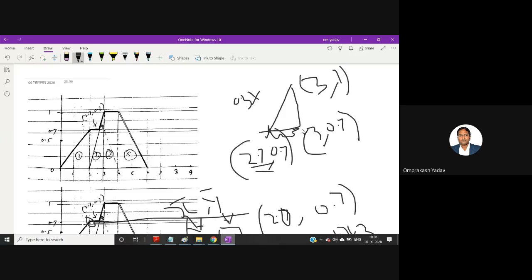Into what is the height? This triangle's height is 1 minus 0.7, because this point is 0.7. So this is again 0.3, and it should be multiplied by 1/2. Did all of you understand this? So how did you get the intersection point?